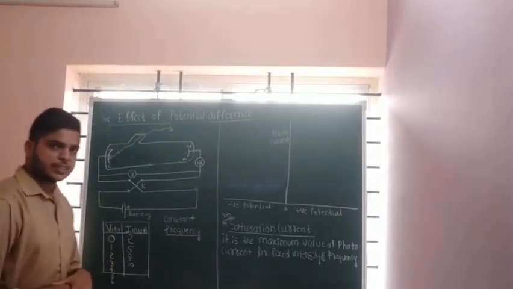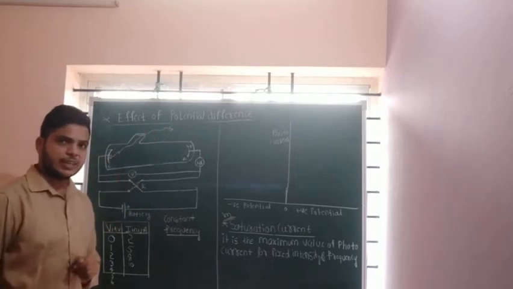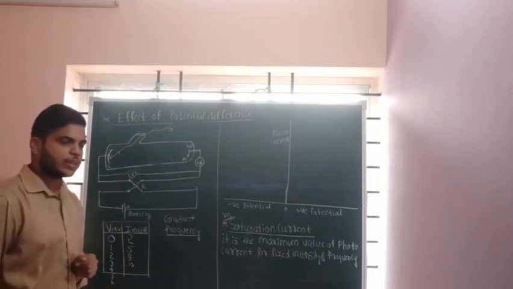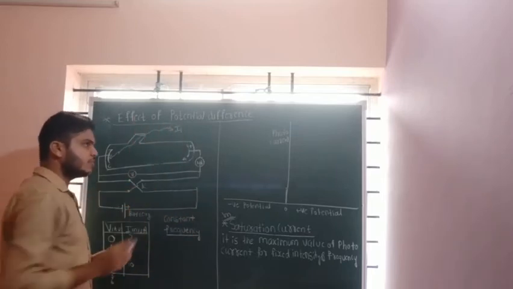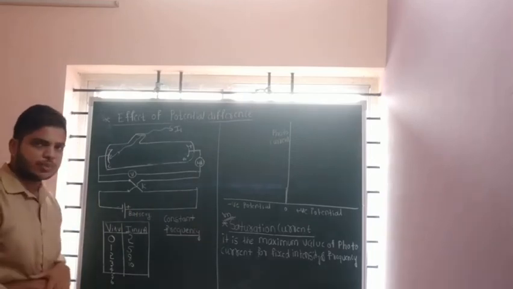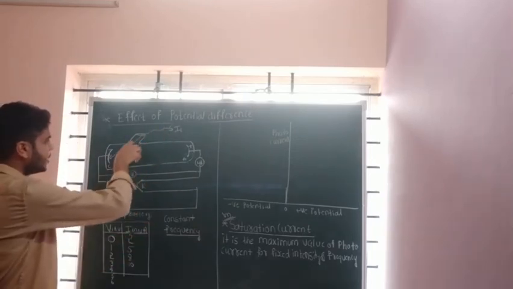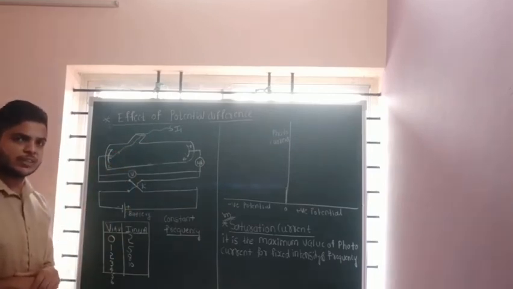In the first case, from the source we are applying radiation above the threshold frequency and a fixed intensity I1. I1 is the fixed intensity which is incident on the emitter plate. When this radiation falls on the emitter plate, the photoelectric effect is observed.